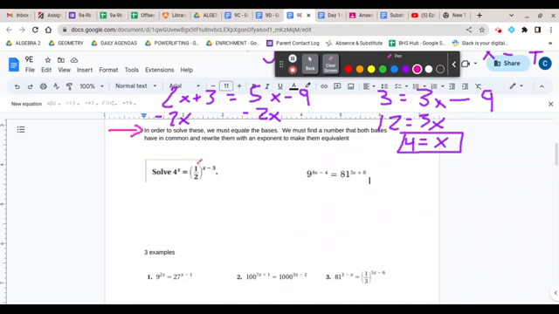The bases got to be the same, okay? Now, in order for them to be the same, we need to think in terms of exponents and powers here. So here we have a base of 9 and a base of 81. What we can do is simply take the 81 and change that to 9 squared. So we have 9 squared to the 3x plus 6 power.